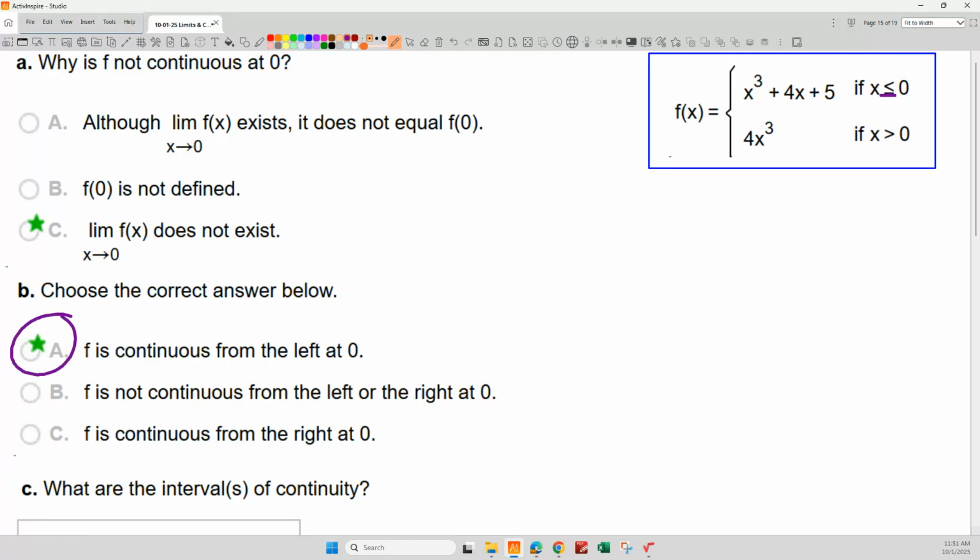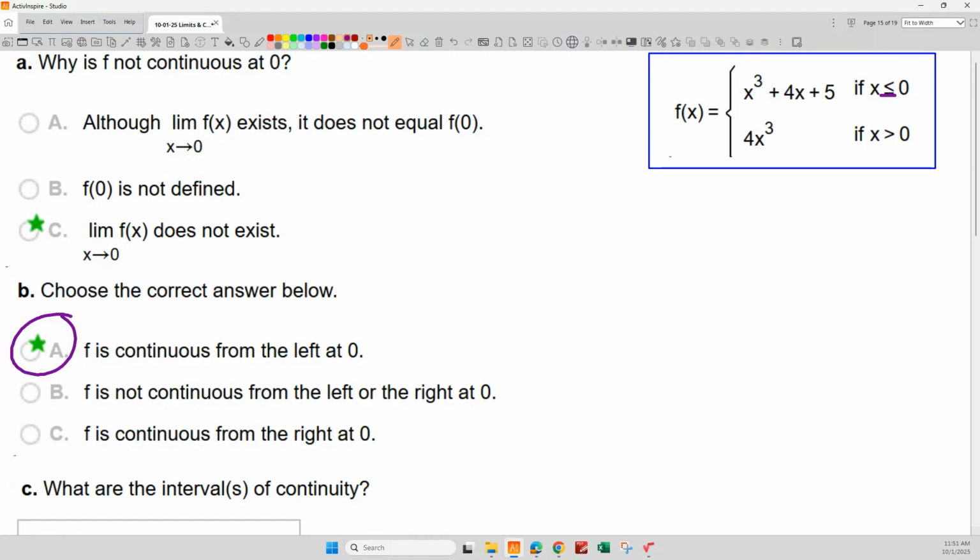Because think what it means to be continuous from the left. To be continuous from the left means that the value of the limit from the left equals the value of the function at that point. Well, that's true, isn't it? The limit from the left is 5, and the value of the function at 0 is 5.